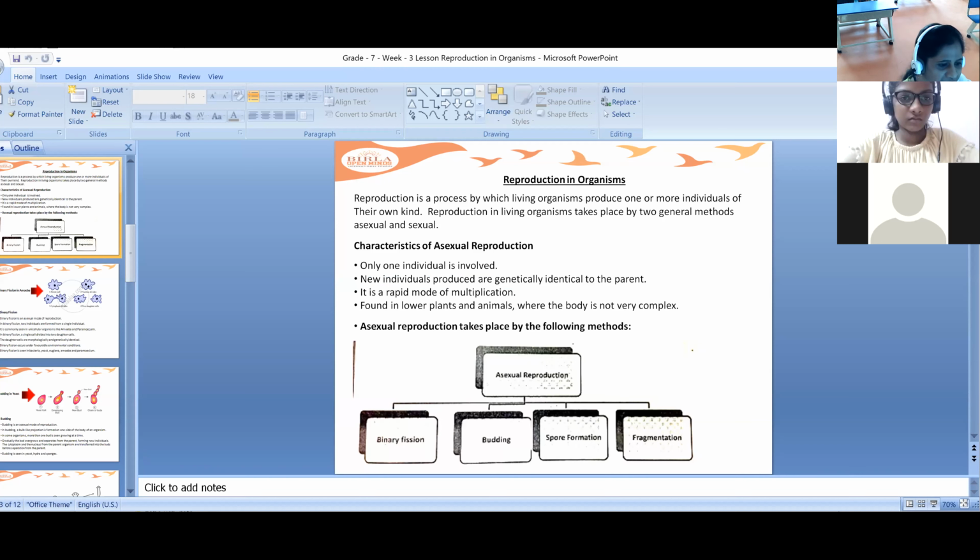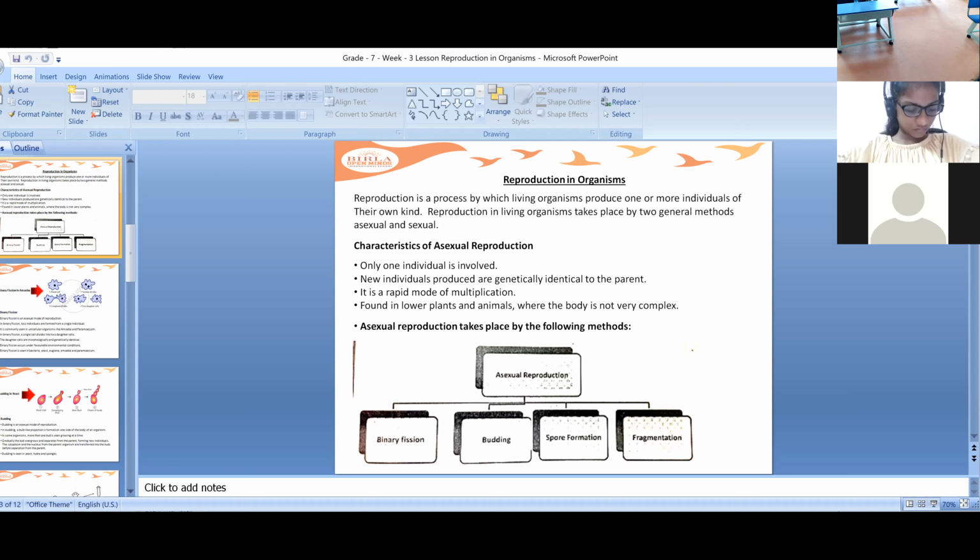You can see on the screen that asexual reproduction is divided into binary fission, budding, spore formation, and fragmentation. In asexual reproduction, all these 4 things happen with only one individual.